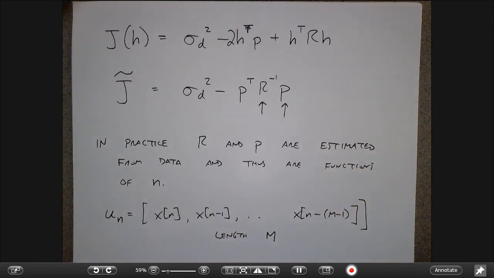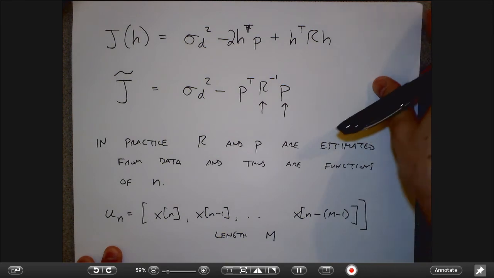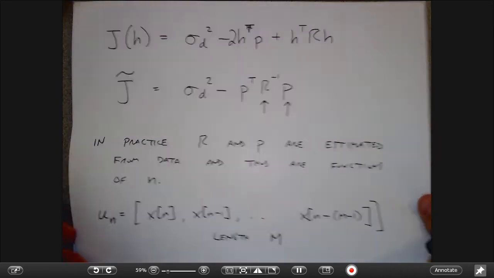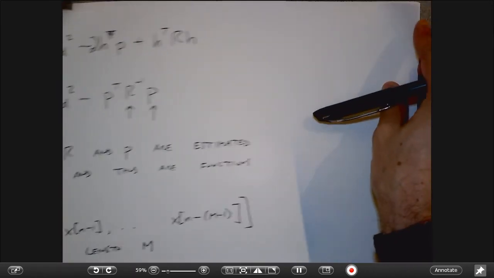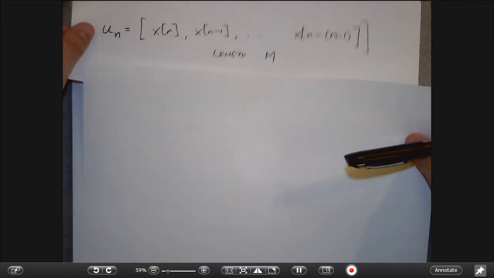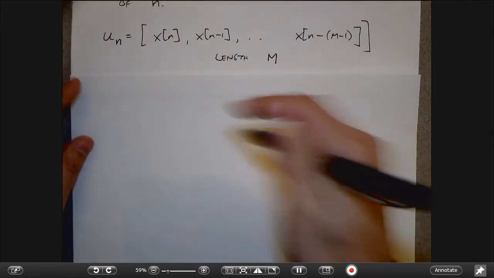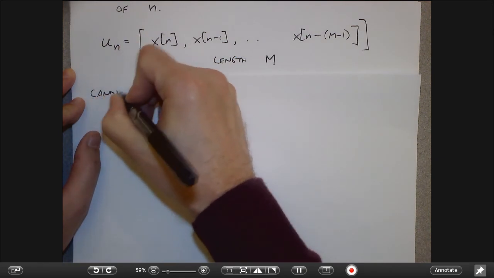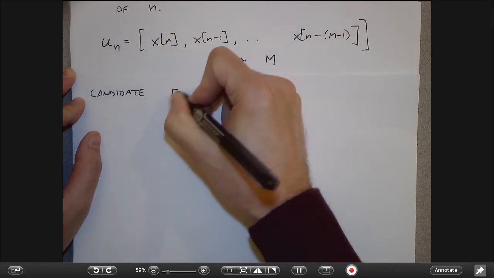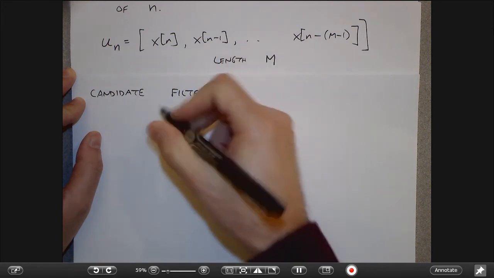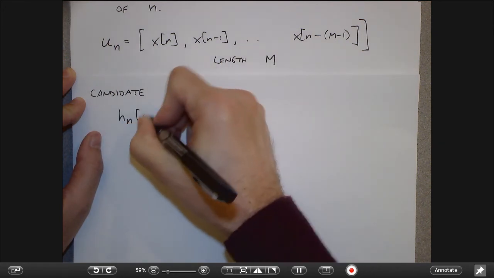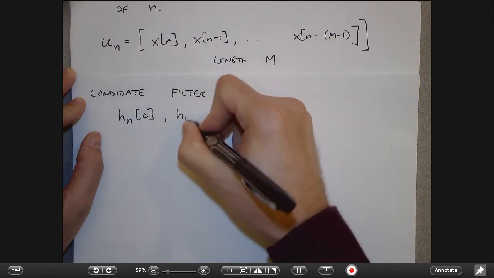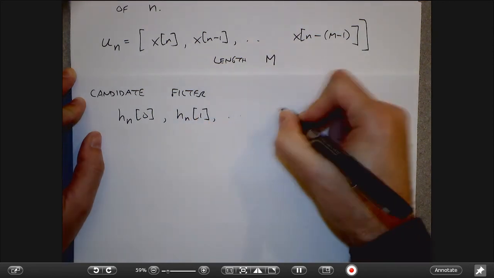And what I can do is say, okay, so here's the most recent set of my input, and here is my set of candidate filter taps. So this is my estimate of the filter at time n.